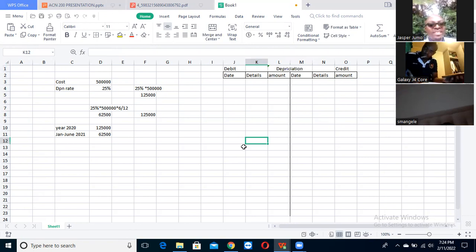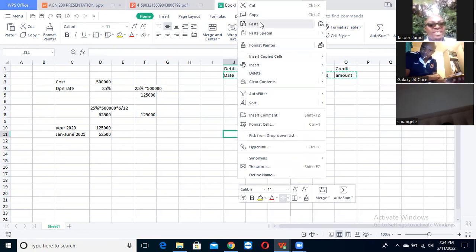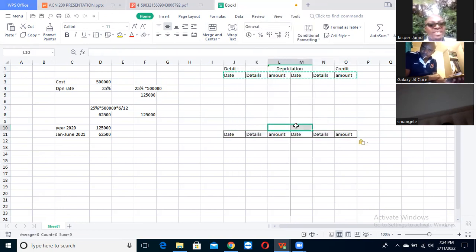And then the second account that we will have is the accumulated depreciation account. So you find that I can write DPN, that represents depreciation. So we've got the depreciation account and the accumulated depreciation account.